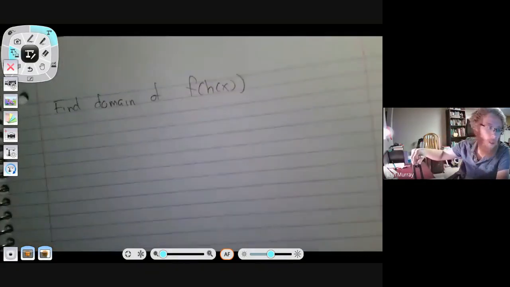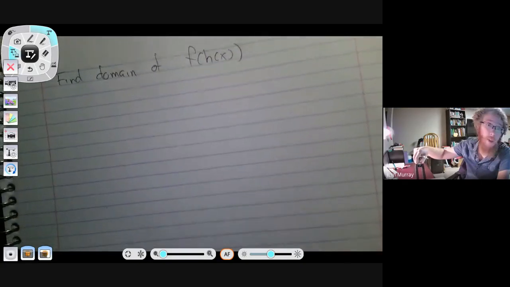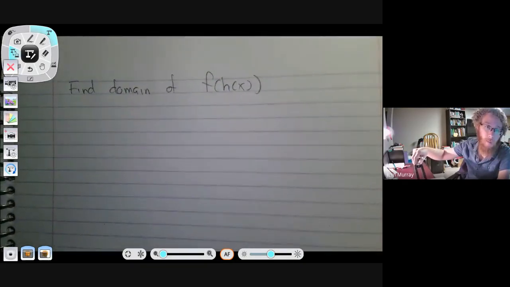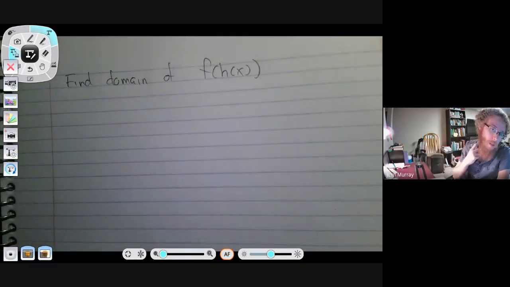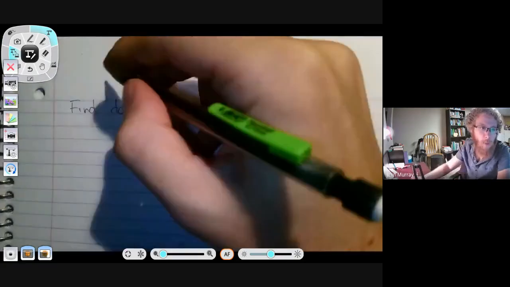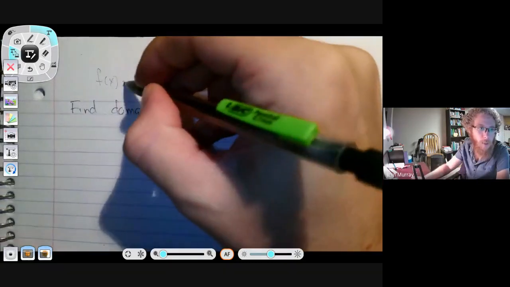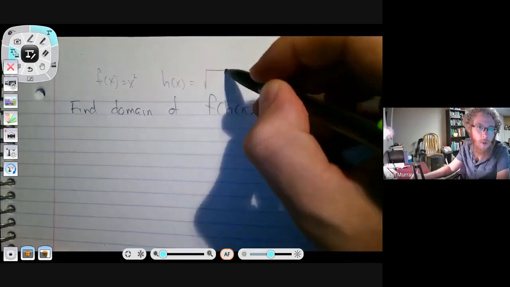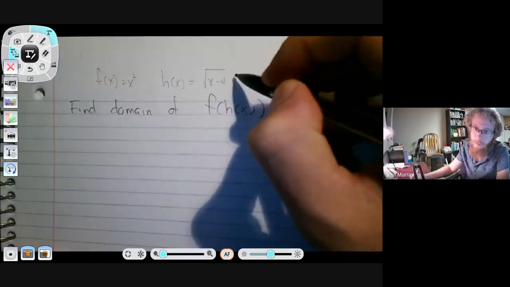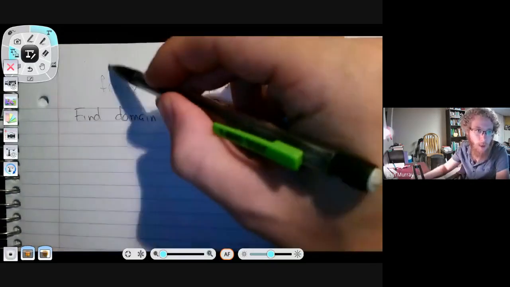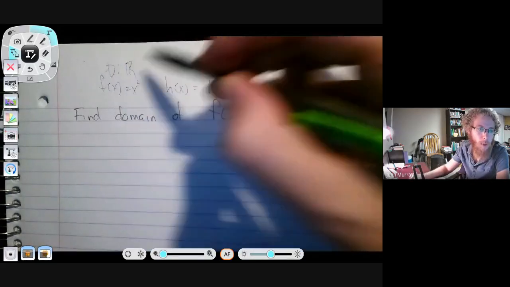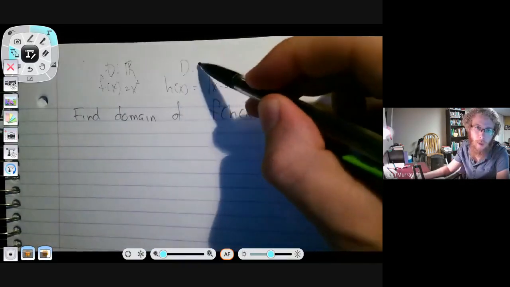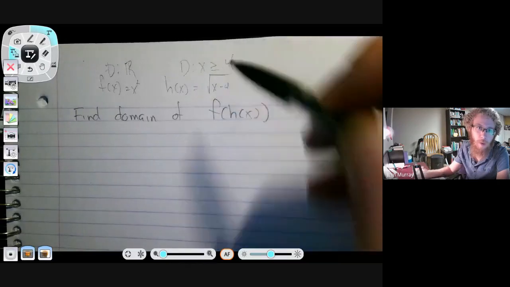H of f of h of x. All right, so let's do this like we did last time. So I'm just going to write up here, f of x was x squared. H of x was the square root of x minus 4. Okay, so again here, my domain was all real numbers. Here my domain was x has to be greater than or equal to 4.